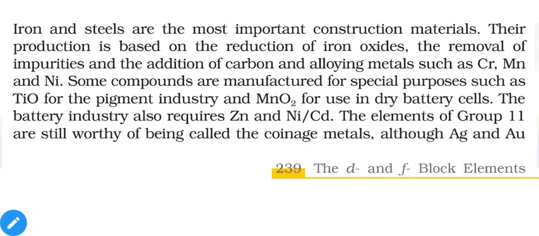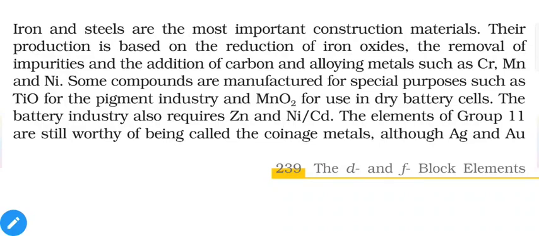Their production is based on the reduction of iron oxide, the removal of impurities, and the addition of carbon and alloying metals such as chromium, manganese, nickel. Some compounds are manufactured for special purposes, such as titanium oxide for the pigment industry, MnO2 for use in dry battery cells. The battery industry also requires zinc, nickel, cadmium.